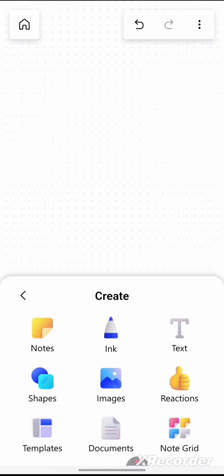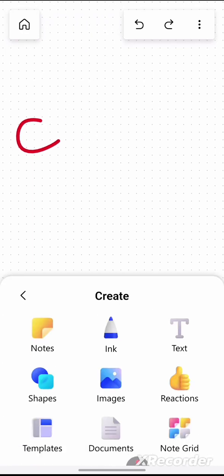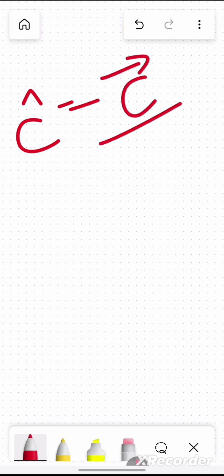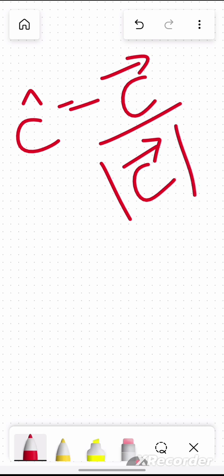What does that mean? Say I want to obtain C cap. All I have to do is divide vector C by the magnitude of vector C. So to obtain C cap, I just divide the vector C by its own magnitude.